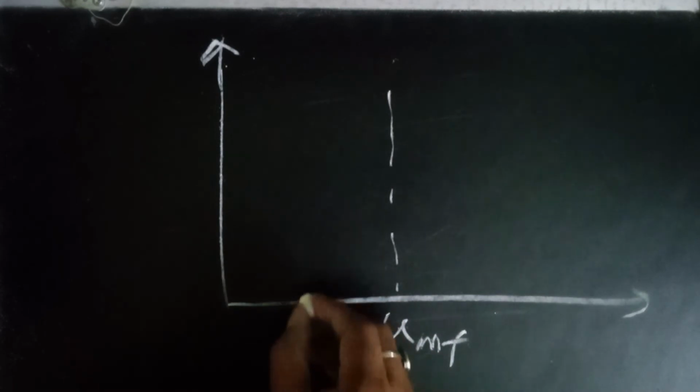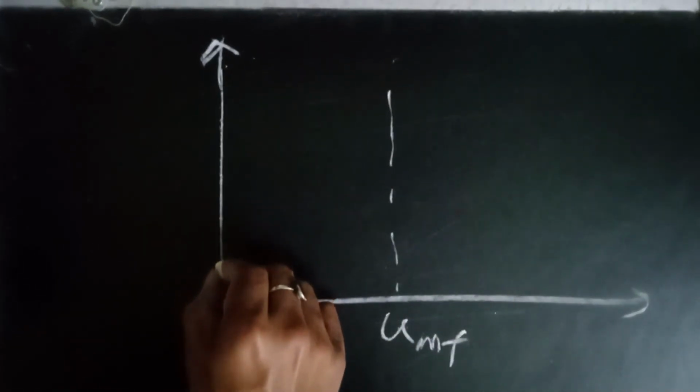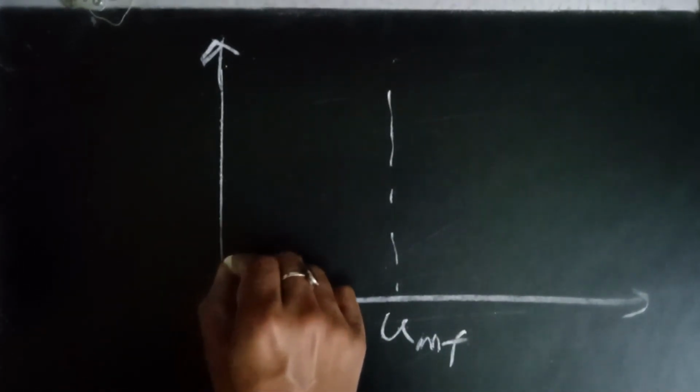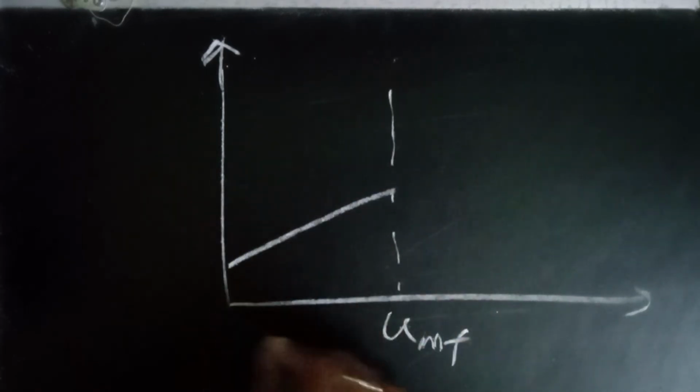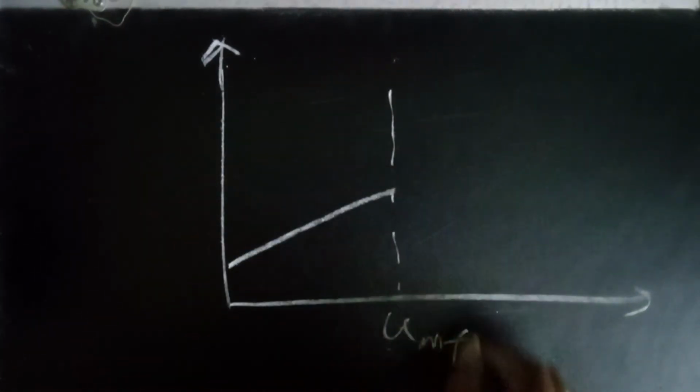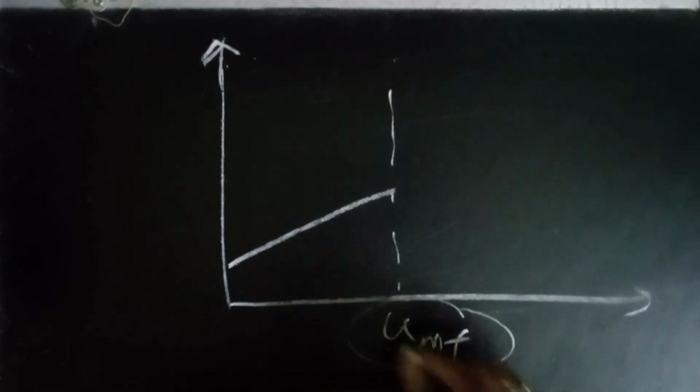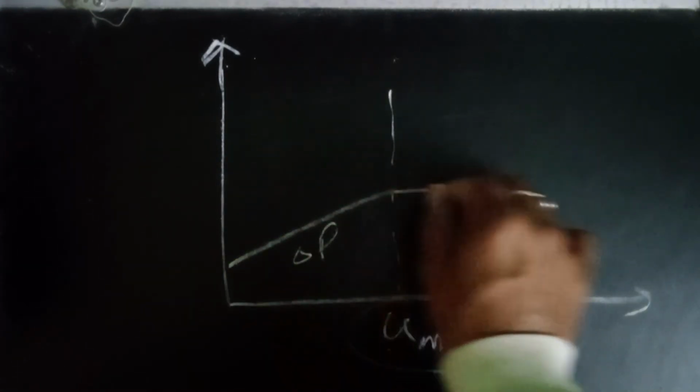Next, let me just tell you the fluidization graph also. Till the minimum fluidization velocity, the delta p would be increasing as we increase the velocity, but after it attains minimum fluidization velocity, this delta p will become constant.